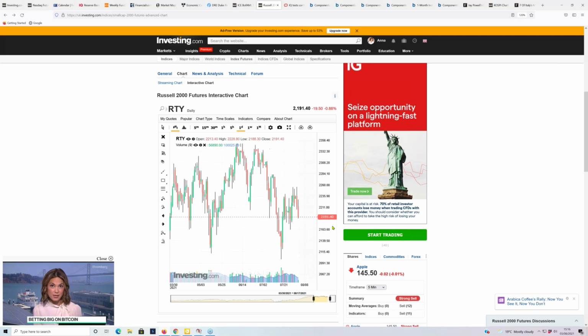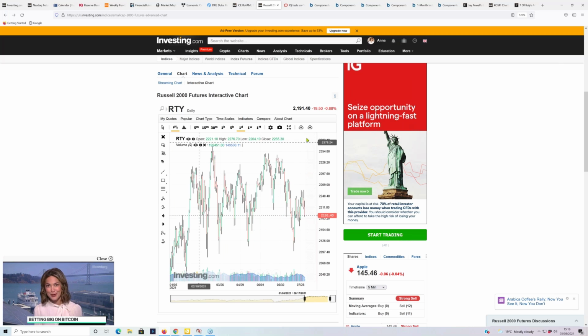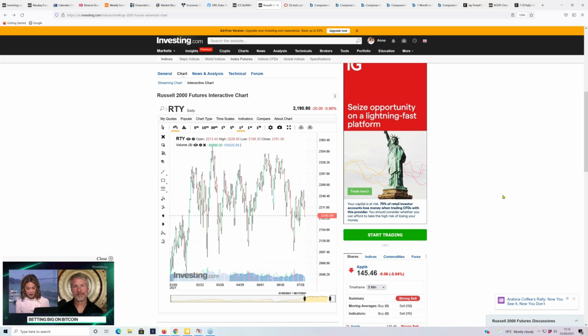I think I'll leave that now, because it's annoying to look at. But essentially, the Russell is the one, again, for risk. That's going down. What's it telling us? The market is not terribly happy at the moment. And we've got the NASDAQ and the YM.